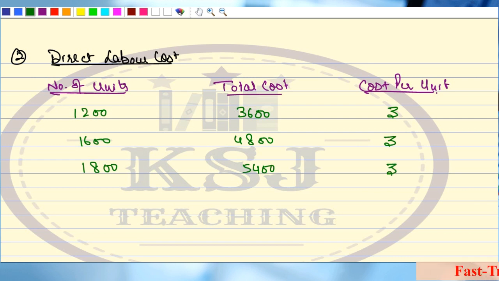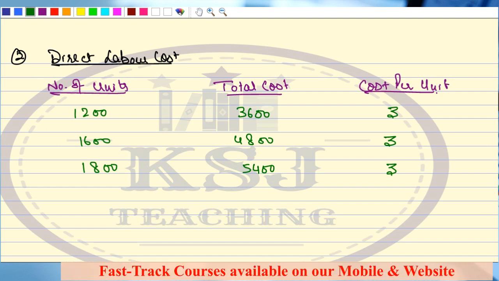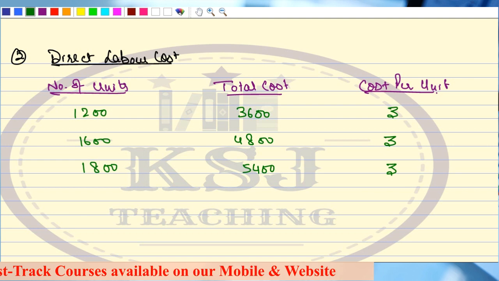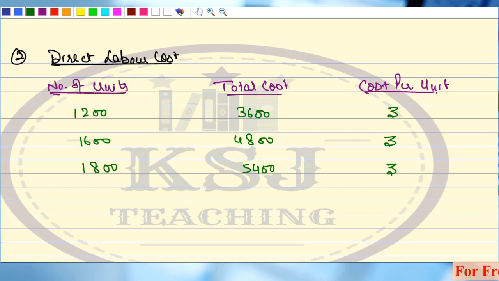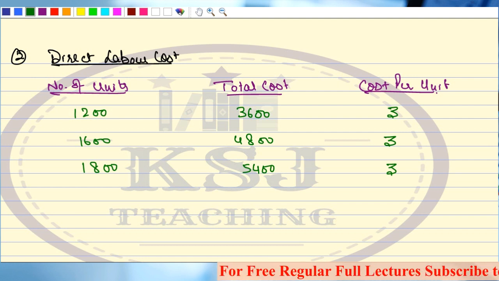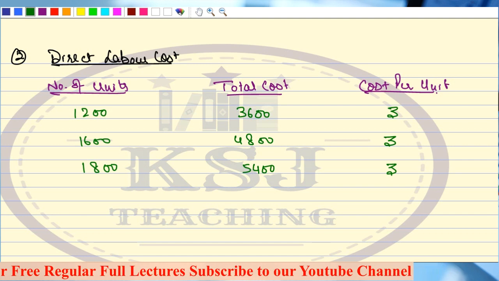Now again the same thing. Sir, the total labor cost is proportionately increasing with the increase in number of units, so that my cost per unit remains the same. As we move on from 1200 to 1600, my total cost will increase proportionately, so that my cost per unit remains at 3 per unit. Clear?